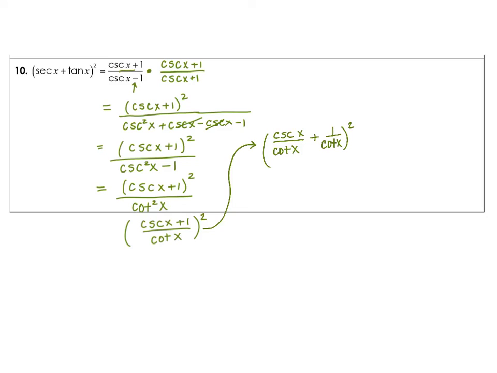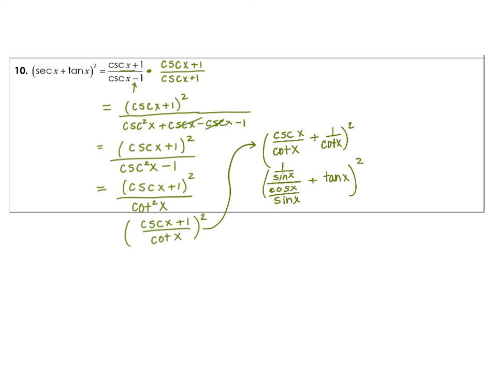On the inside here, cosecant over cotangent, that's going to be 1 over sine x over cotangent x is cosine x over sine x, and then plus 1 over cotangent, we know that is tangent x, and I'm looking at the other side saying I need to leave that one, tangent x.